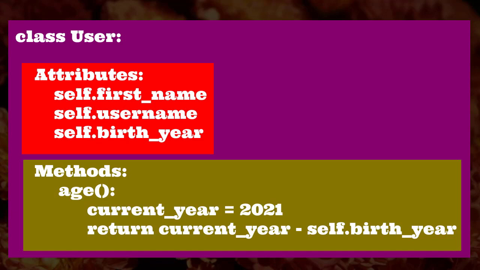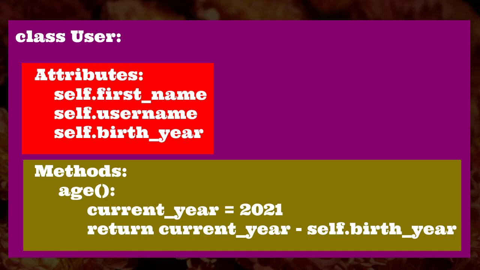But the difference here is that there is no need to pass the birth date of the user to the function because it's already there, and the method can access the birth date because it's a part of that model. So there is no need to pass extra data into that method. And everything you want from that specific user is already there. So that's the most important difference between using a function and a method.